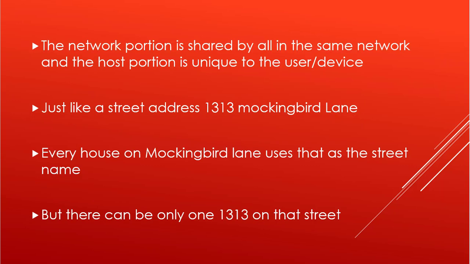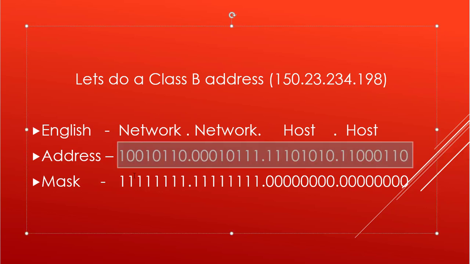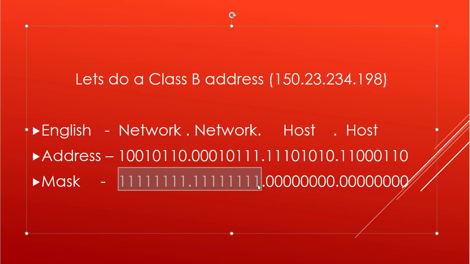So again, the network portion is shared by everybody in the same network, and then the host portion is unique to that individual device. So if we do a class B address, it's the same way. So here we have 150.32.234.198. So in English we say network, network, host, host. And then here's the entire address in binary, and then here's the subnet mask on top of that.